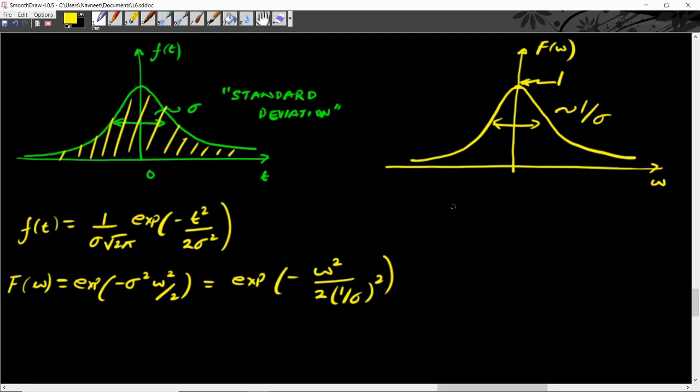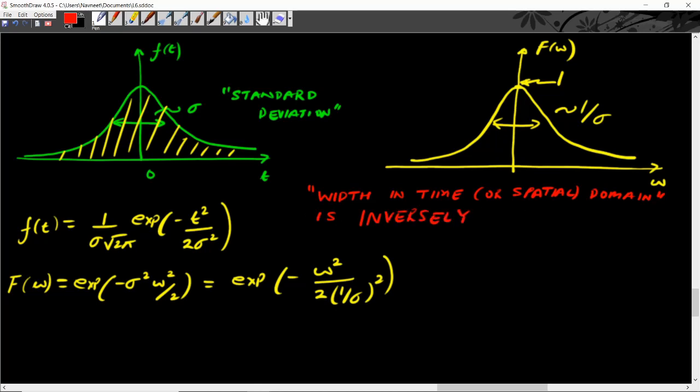From all these examples of the rectangular pulse, of an exponentially decaying signal, and the Gaussian function, we have seen a particular feature that the width of the function in time or the spatial domain is inversely related to the representation of that function in frequency domain, that is the Fourier transform.